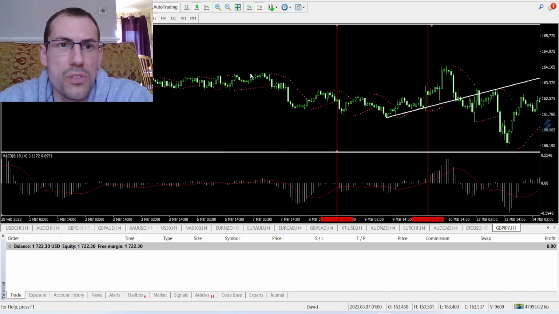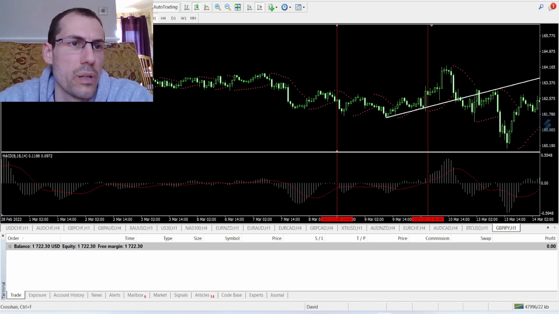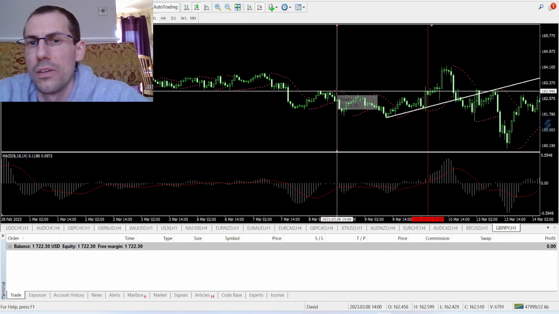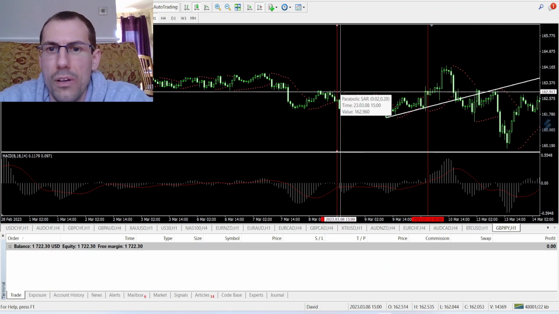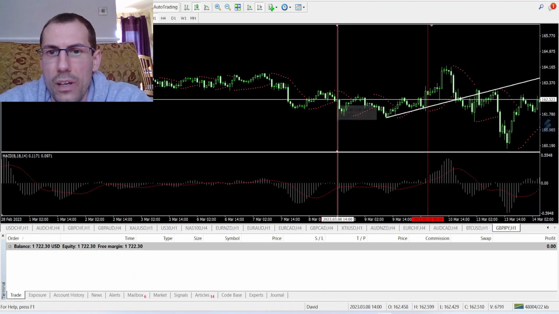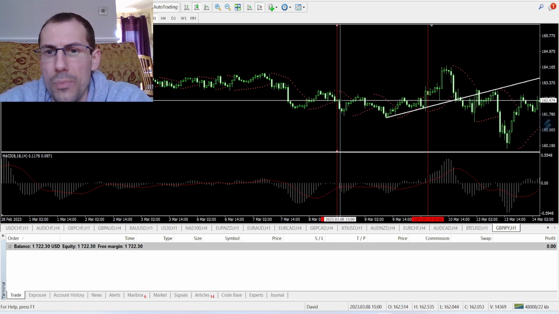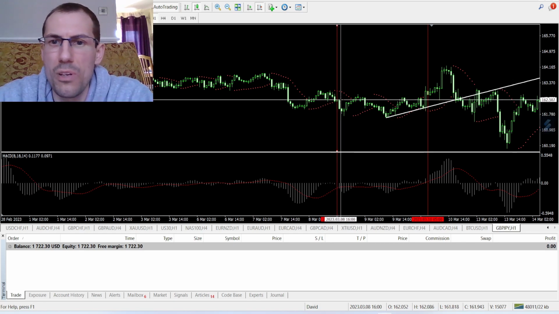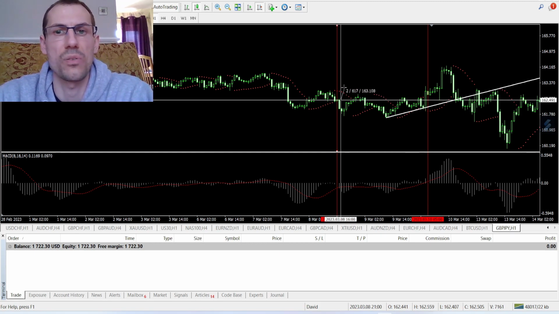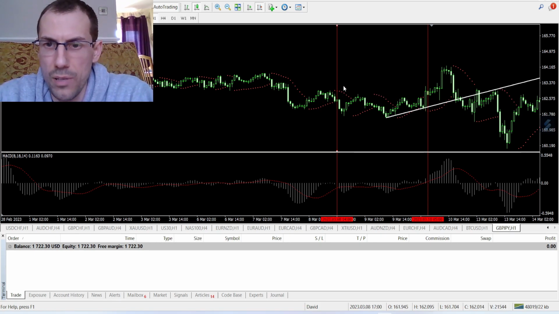Or just close some of your trade, 1/3 of your trade, and put your stop loss on break even. Anyway, you have 80 pips on this one. The market went against 26 and 30 pips, so you are safe with 80 pips.